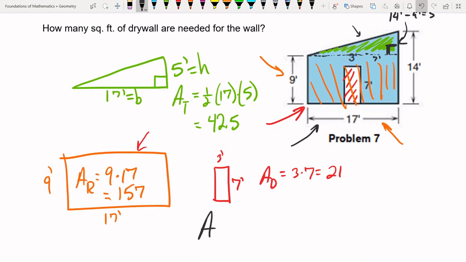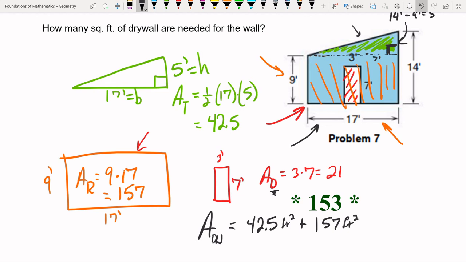So the entirety of the drywall, the area of, I'll say DW for drywall since I already used D here. Area of the drywall is the triangle, which is 42.5 feet squared, plus the area of the orange rectangle, which is 157 feet squared, minus the area of the door, because we added that into this orange square when we didn't need it.